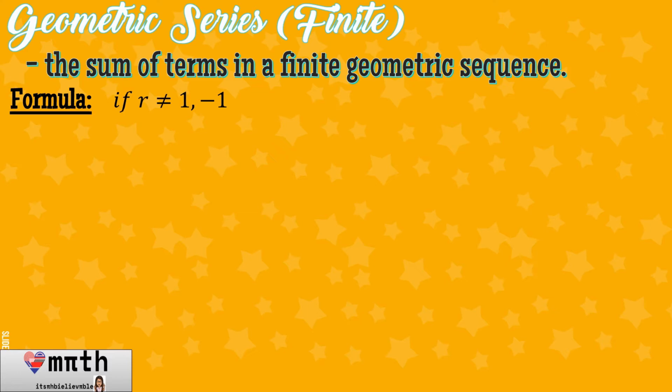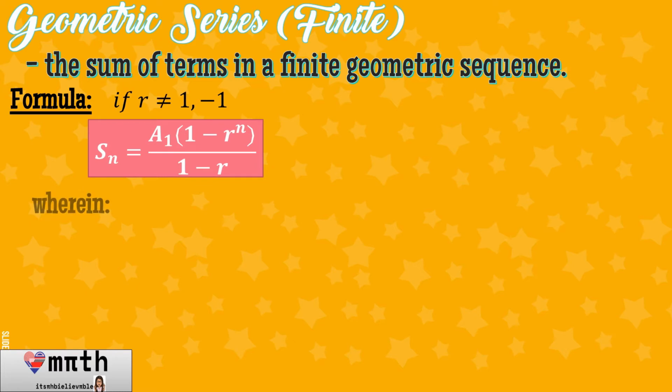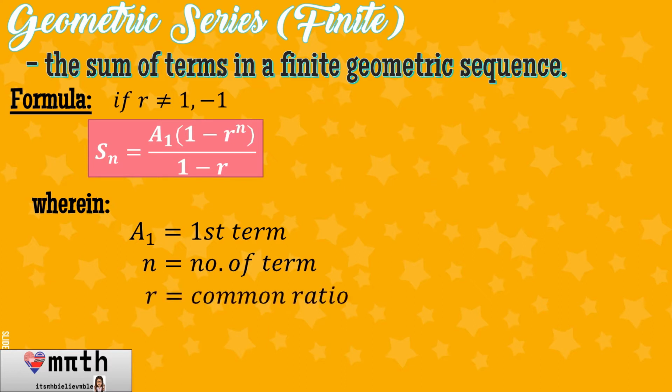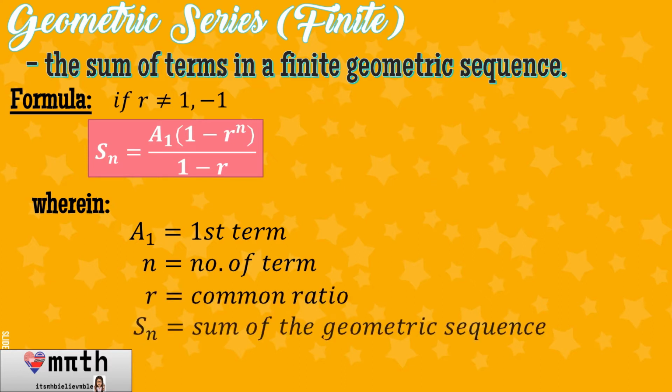If that's the case, we use the formula S sub n is equal to a sub 1 times 1 minus r raised to n all over 1 minus r, wherein a sub 1 is the first term, n is the number of terms, r is the common ratio, and S sub n is the sum of the geometric sequence.